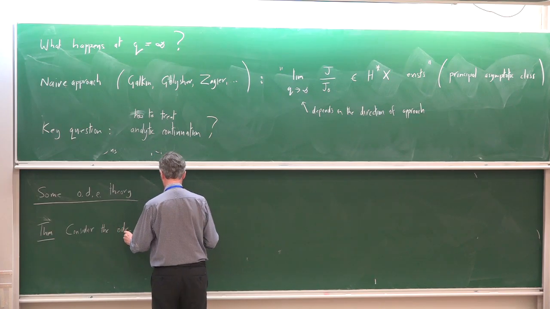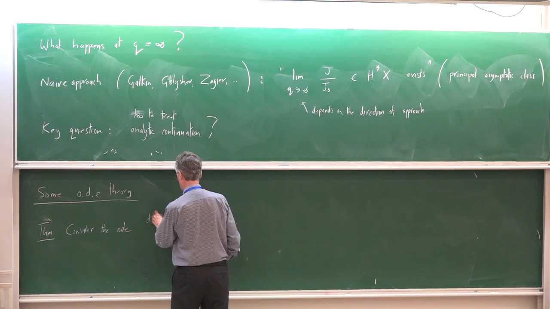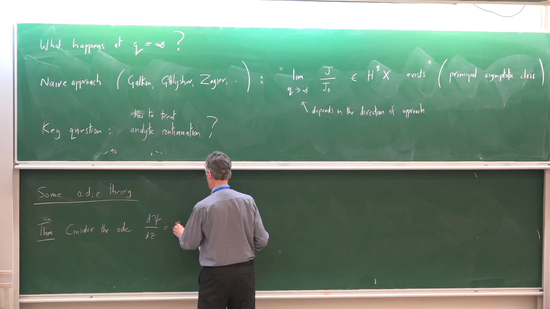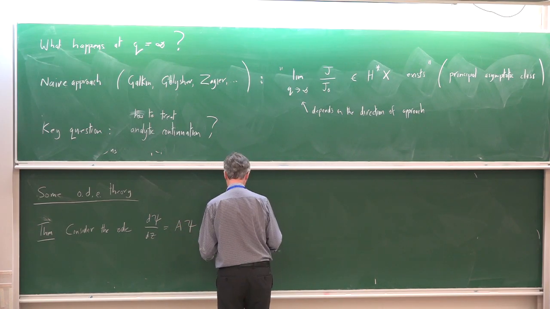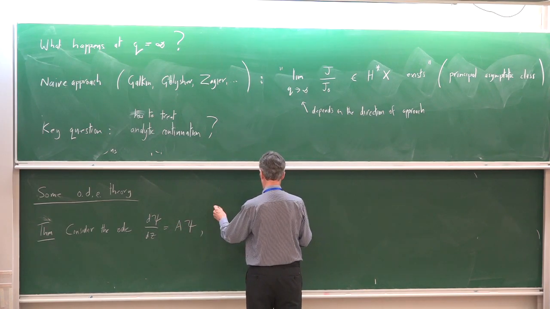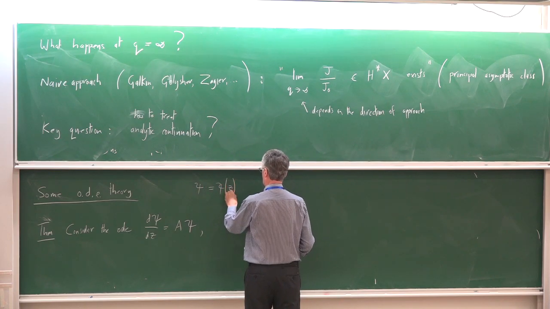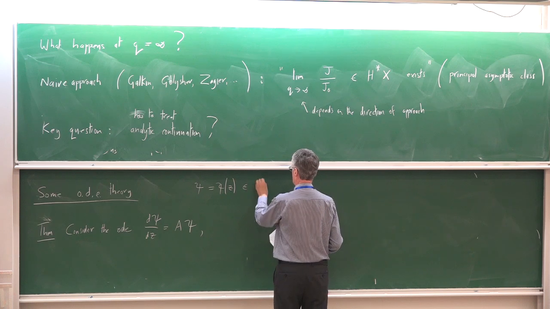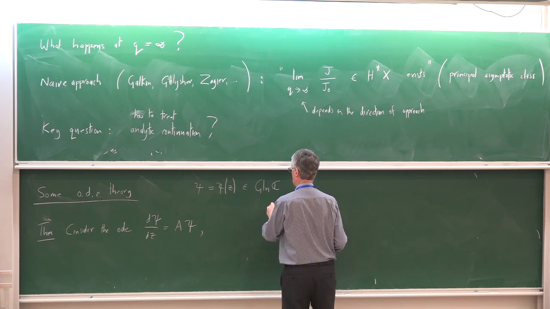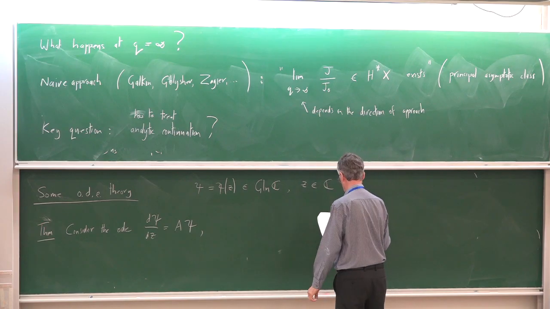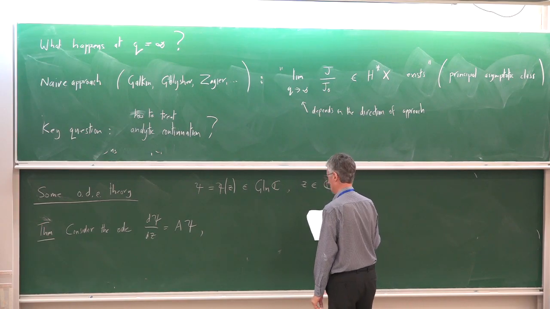So consider the ODE. Okay, I'm going to write it like this. So this notation, psi is a function of a complex variable z taking values in GL_n(C). z is complex.